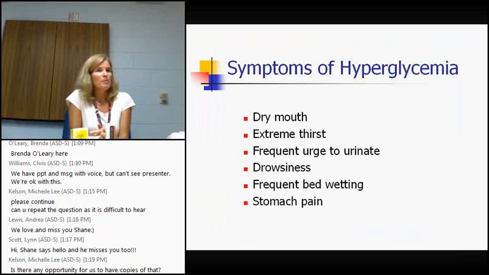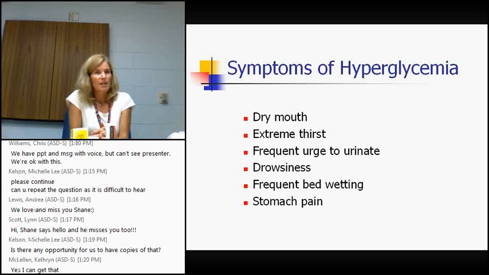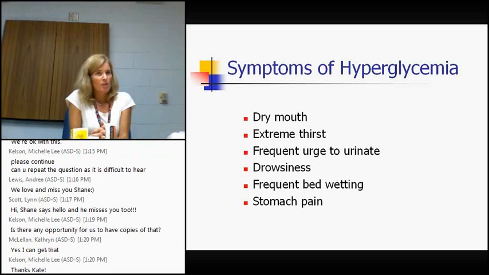So some of the symptoms might be dry mouth, extreme thirst, needing to go to the bathroom, feeling drowsy, their head is on the desk, looking pale, frequent bedwetting, and stomach pain is another one that children can experience with high blood sugar.